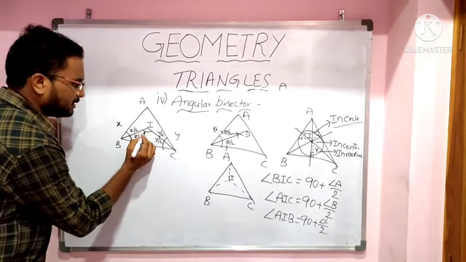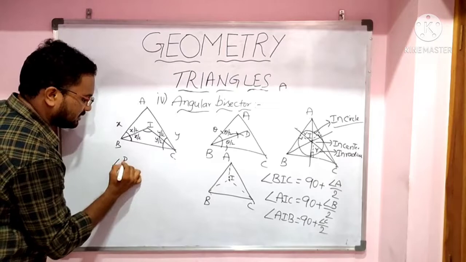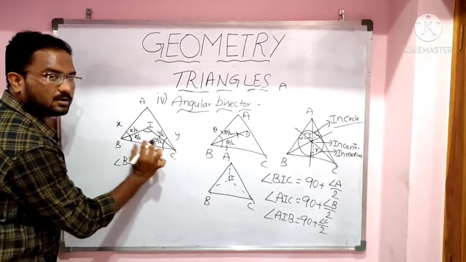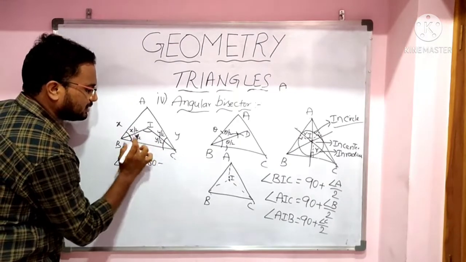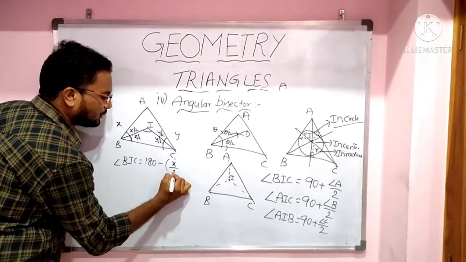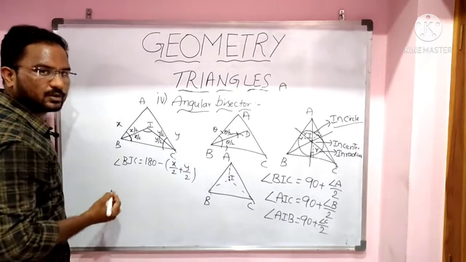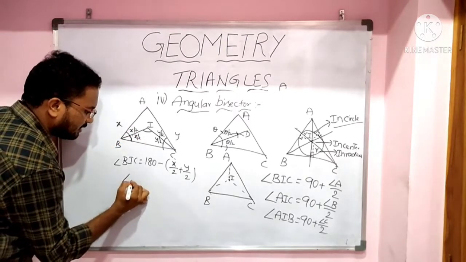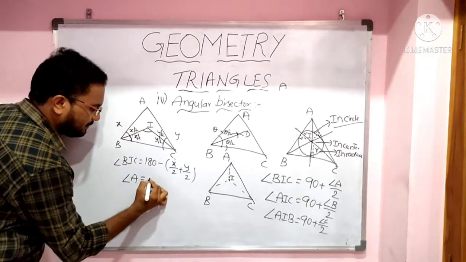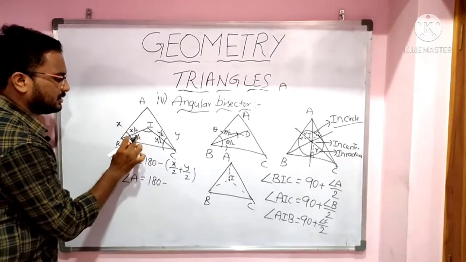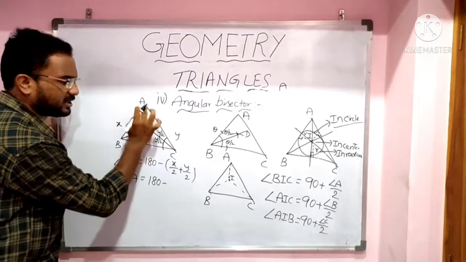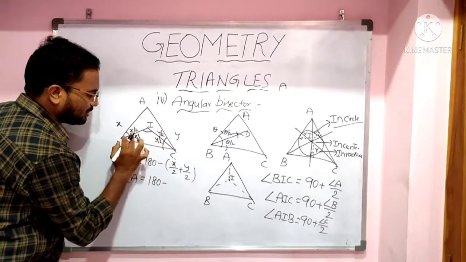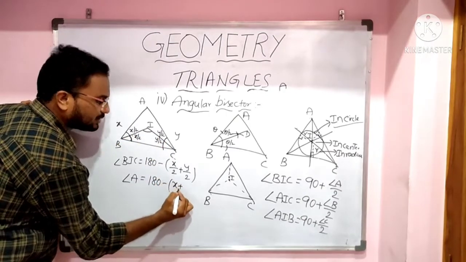Here, angle BIC is equal to 180 minus these two angles, since this is a triangle: angle BIC equals 180 minus (x by 2 plus y by 2). In this triangle the total angle is 180, so angle A equals 180 minus (x plus y).